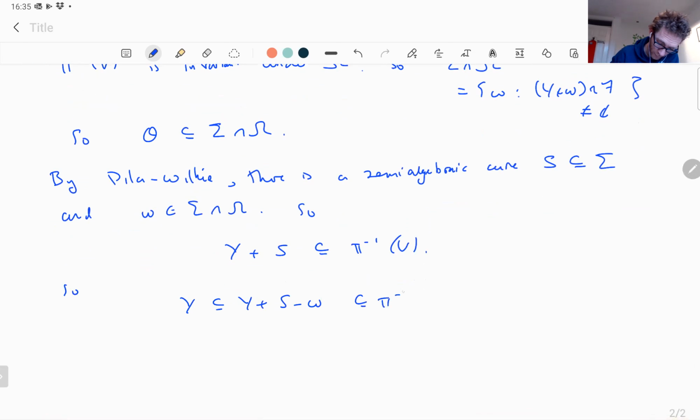It's contained in the pre-image of v. And now this is a semi-algebraic set here, and just like in the proof last time, when we had a semi-algebraic set, we need some conditions on it, but when it's contained in an analytic set, you could replace it with an algebraic set rather than a semi-algebraic set.